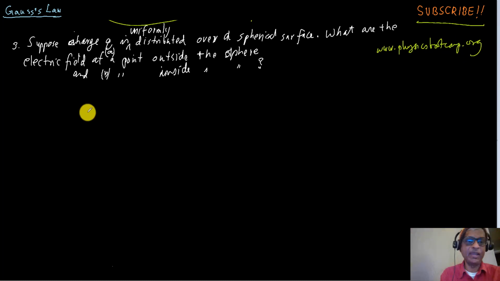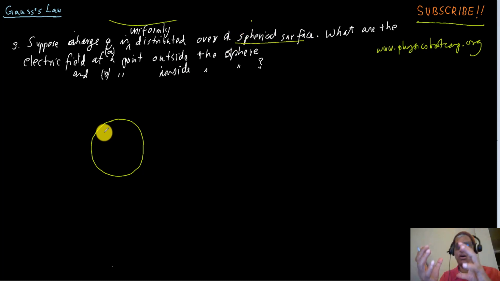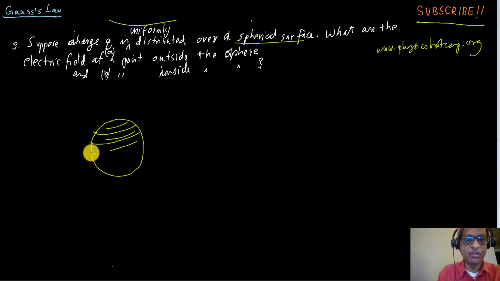Okay. Back to here. Now we have a situation where you have a spherical charge distribution. So you have a spherical surface, maybe a metal ball, and you put some charge on it, and it's distributed evenly. So this is the actual ball, and the charge is only on the surface.